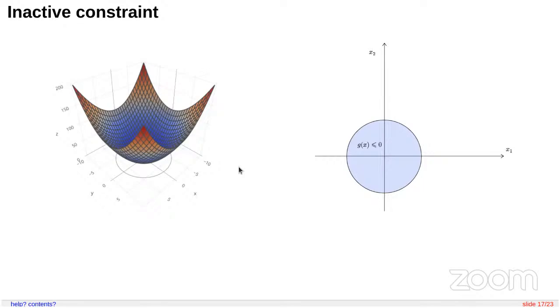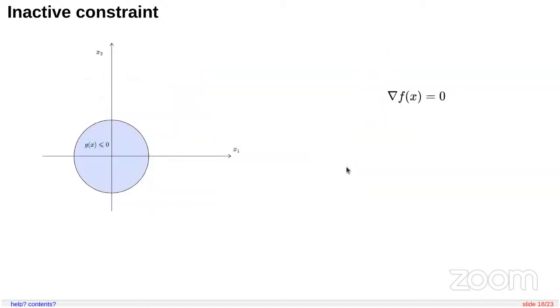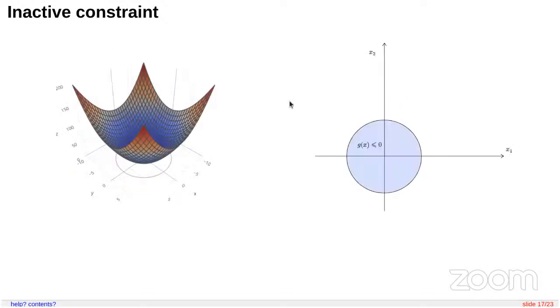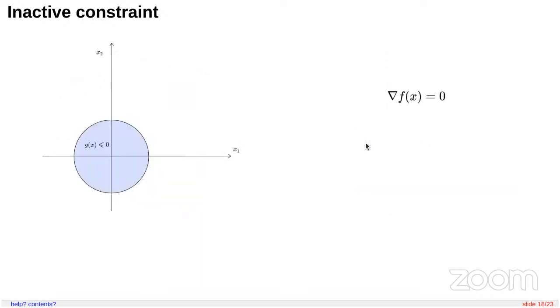Consider this constraint where something like this is happening. In this case, if I set the gradient of f equal to 0, that will give me the solution to the whole problem. So whether this g of x less than or equal to 0 holds or not, I don't care. Did you get that part, all of you?